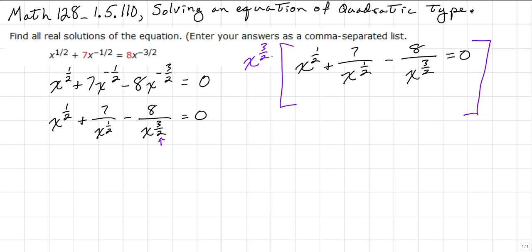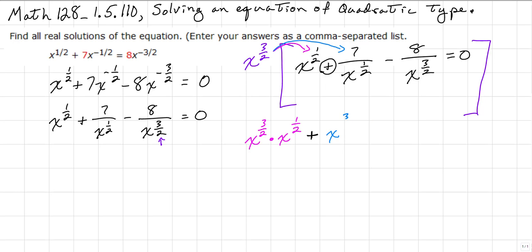I will use the distributive property of multiplication over addition. This first one, x to the 3/2 times x to the 1/2. And I'm going to go ahead and write out each individual multiplication so that we can look at what happens with the exponents. So this will be x to the 3/2 times x to the 1/2. Then I'm going to have this plus sign right here, and I'll go ahead and multiply x to the 3/2 power times 7 over x to the 1/2 power.